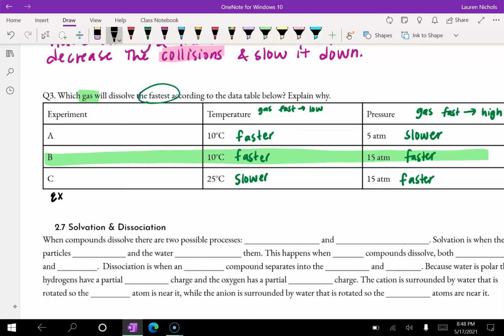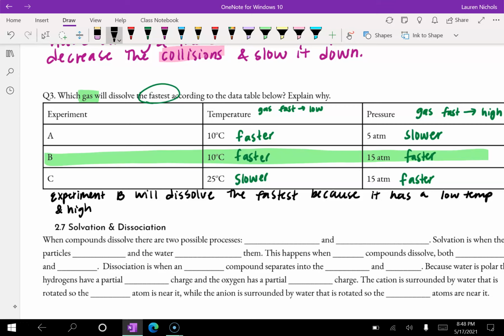So experiment B will dissolve the fastest because it has a low temperature and high pressure.